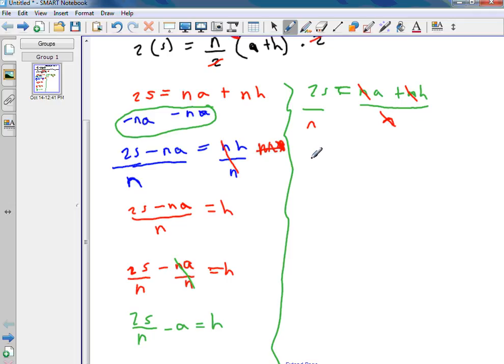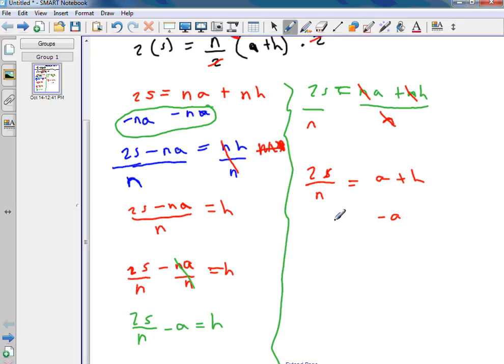Now all I have to do is say, hey, 2s over n equals a plus h. All I have to do to solve for h at this point is subtract a from both sides.